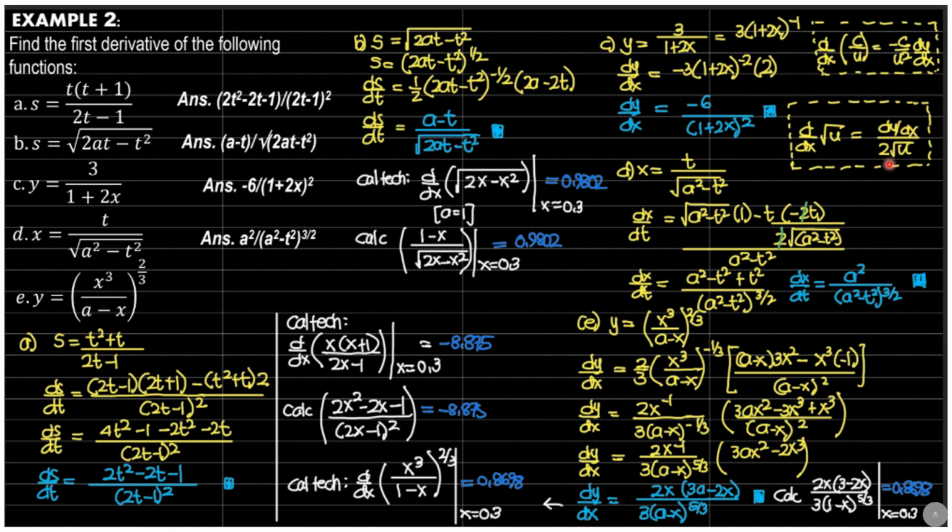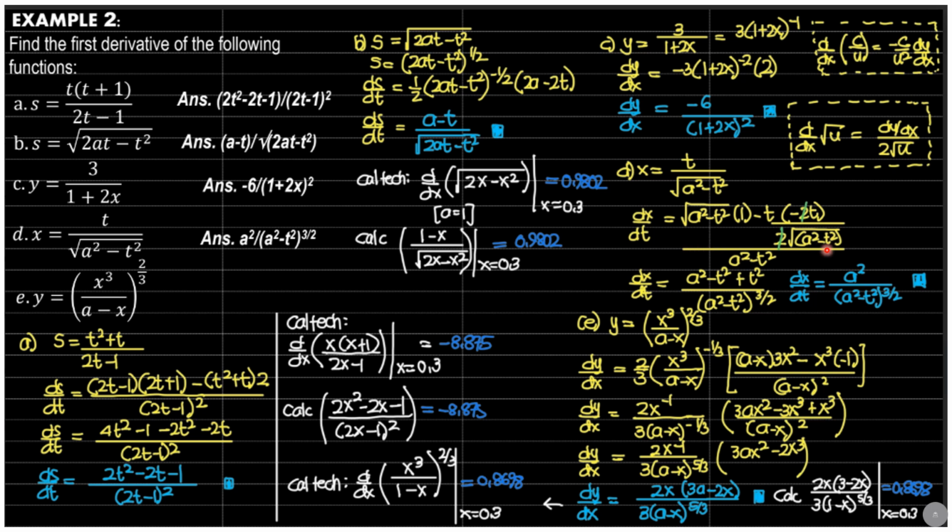Du dx over 2 square root of u. So du dx means derivative of u, negative 2t, over 2 square root of u. So 2, you just copy, is square root of a squared minus t squared.